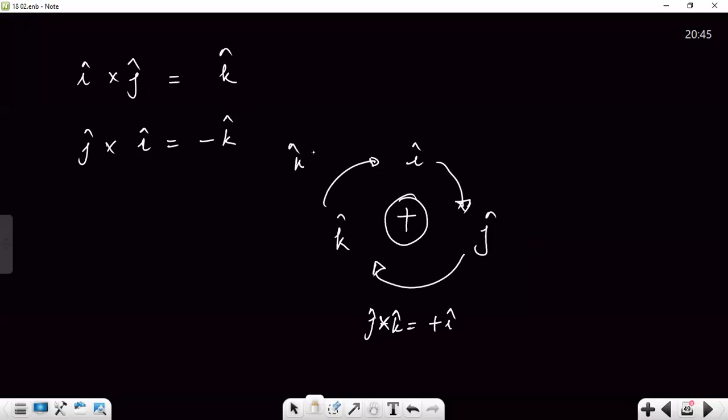And k cross i will be positive j. i cross j, as told earlier, will be positive k cap. If you take it otherwise, then they will be negative, like in this case.